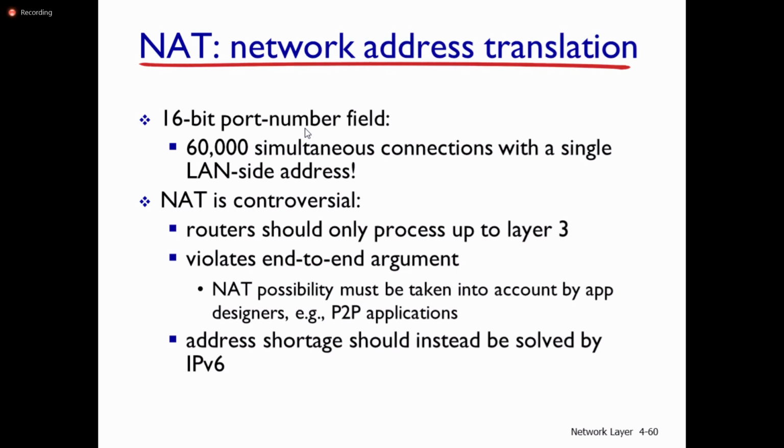So it violates the end-to-end argument, and the NAT possibility must be taken into account by application designers, for example peer-to-peer applications. So it has to follow the guidelines from the upper layers also. The address shortage is addressed because IPv6 uses 128-bit addressing, while IPv4 uses only 32-bit addressing.